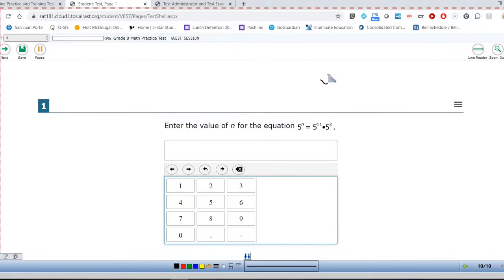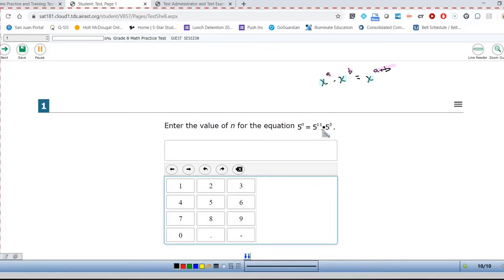We learned that x to the a times x to the b is x to the, not a times b like you might think, it's x to the a plus b. Notice the bases are the same, and then we take these two and we add them together.